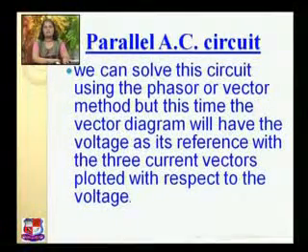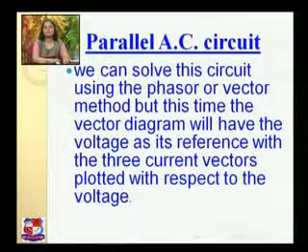Now we can solve this circuit using the phasor or vector method, but this time the vector diagram will have the voltage as its reference with the three current vectors plotted with respect to the voltage. Now in a series circuit, when you draw the vector diagram, we keep current as a reference quantity and voltages VL, VC are drawn according to the circuit elements.